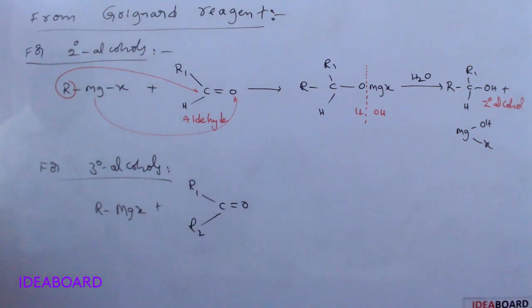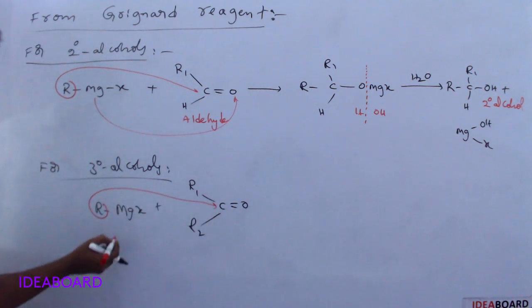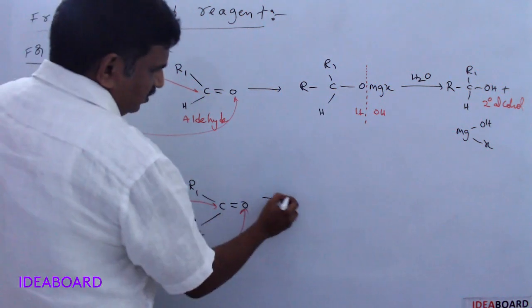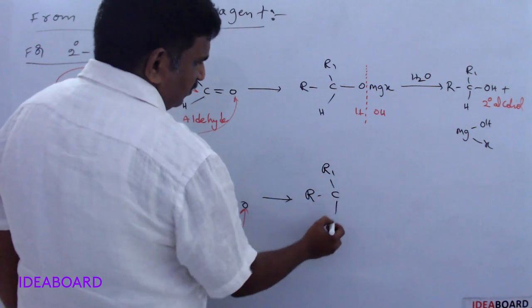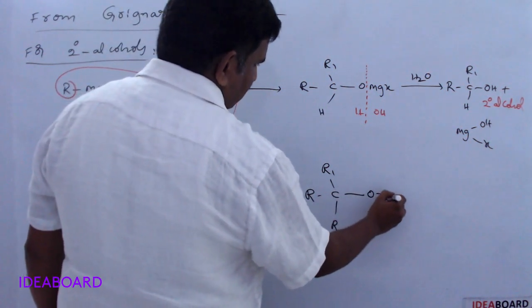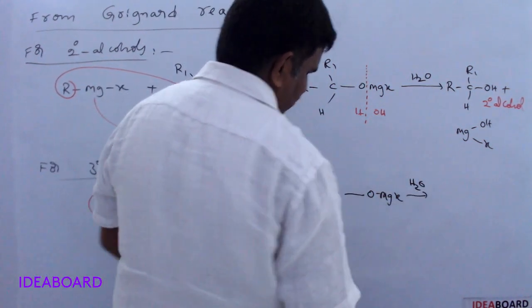For example, I am writing. And then again same process occurs. Alkyl group attacks on the carbonyl carbon and magnesium halide attacks on the oxygen. And then it is forming RCR1 and this is R2 and here it is OMgX and followed by the hydrolysis process.